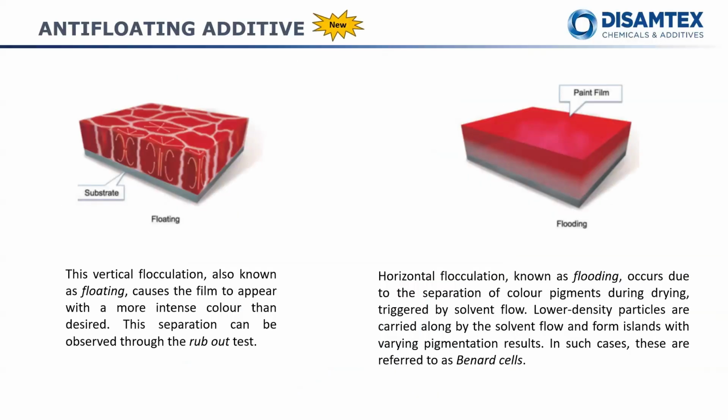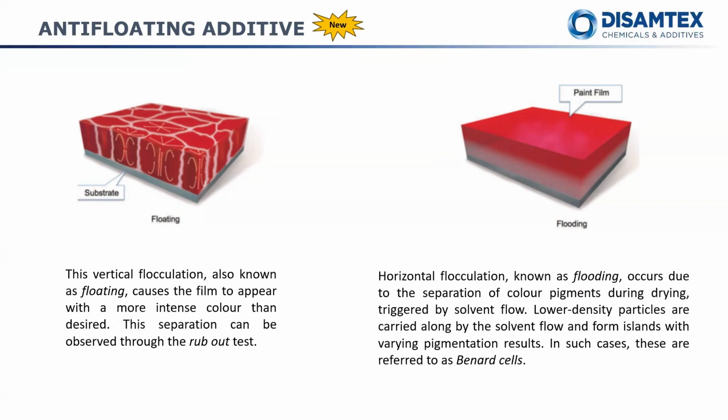Another important aspect of using good dispersants is to avoid pigment migration, like floating and flooding. Floating is a vertical pigment separation where color strength gets concentrated unevenly, making the film look different than intended.